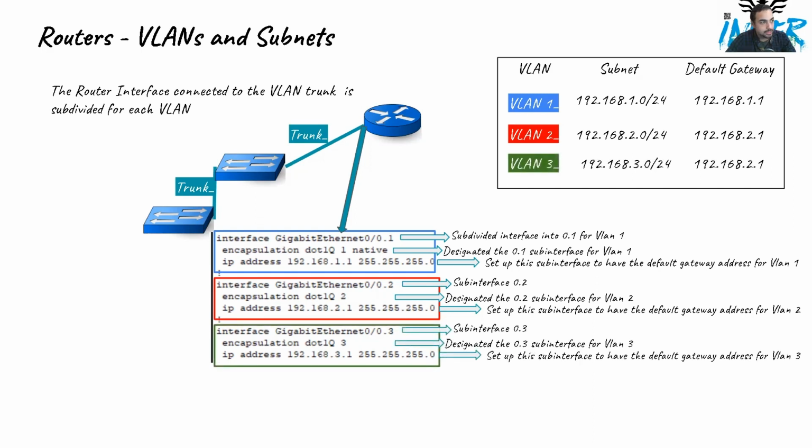And then same concept for the third one, right? VLAN 3, 0.3 for the sub-interface. Dot1q 3 means VLAN 3. And then we have the default gateway address here and the subnet mask. Here's the network.